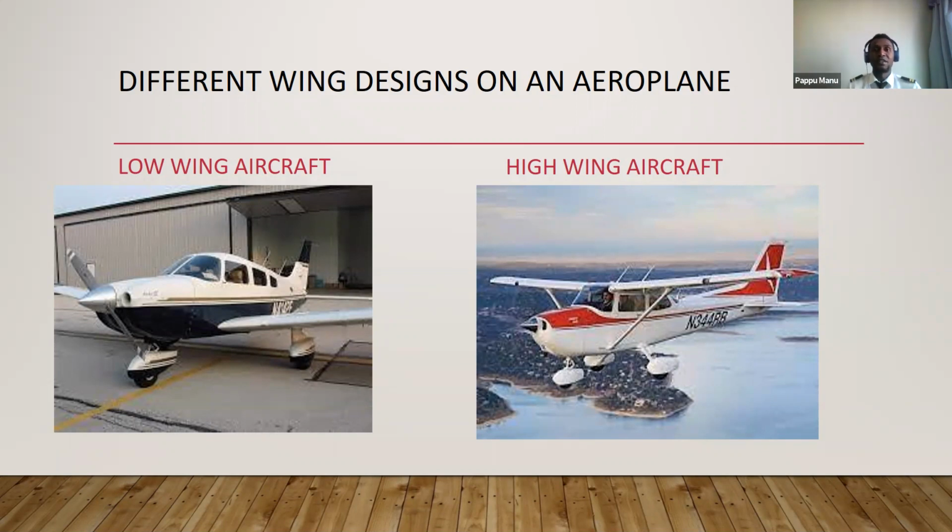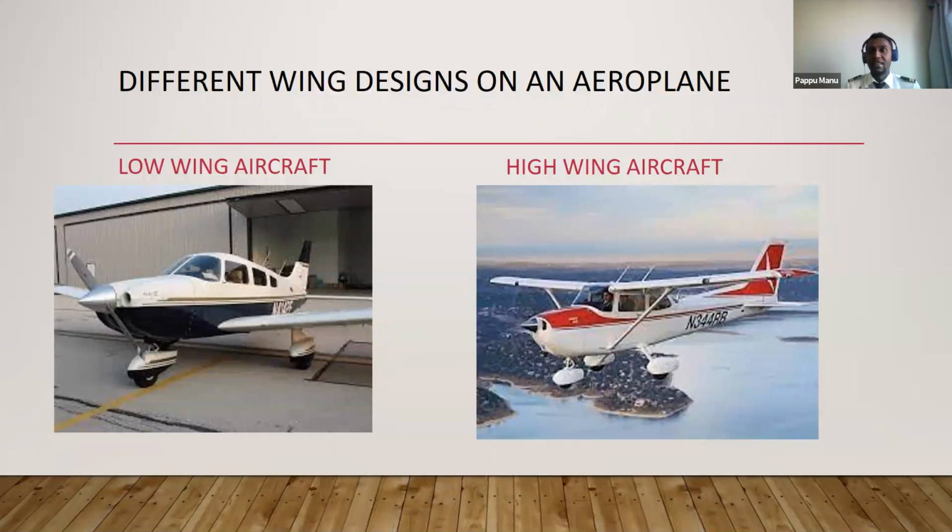Okay, and then for the types of wings, as you can see in the picture, there are different styles or designs on wings. The main ones are low wing. Now, the low wing aircraft are designed that way because they are aerodynamically better.